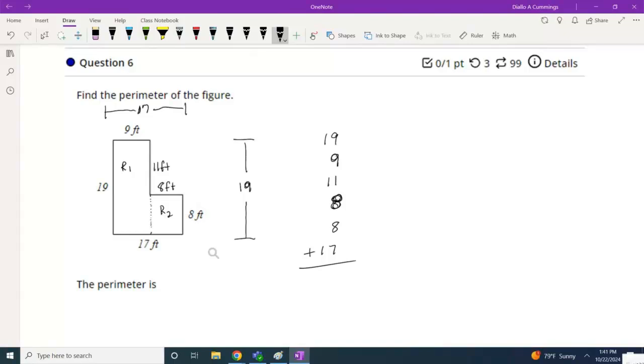Once you add all this up together, you should get 72 feet. Any questions about number 6? I broke it up into 2 rectangles, then we're able to find all of the side lengths by using the overall length and the overall width. So my answer for number 6 is 72 feet.